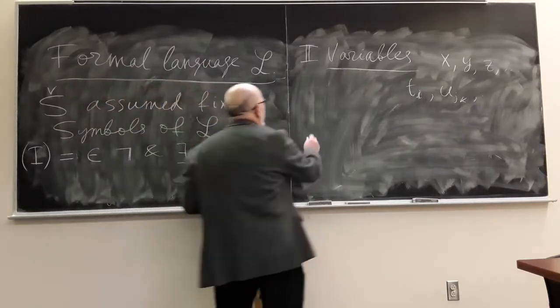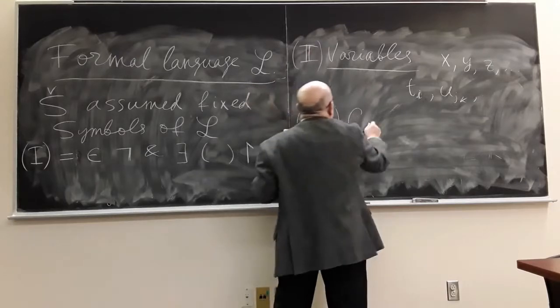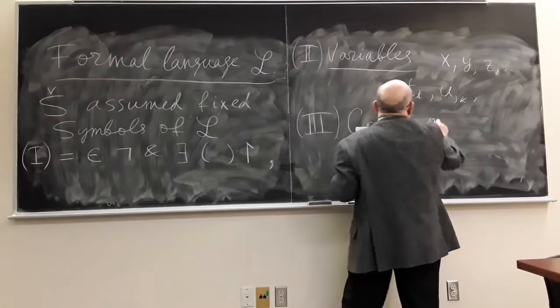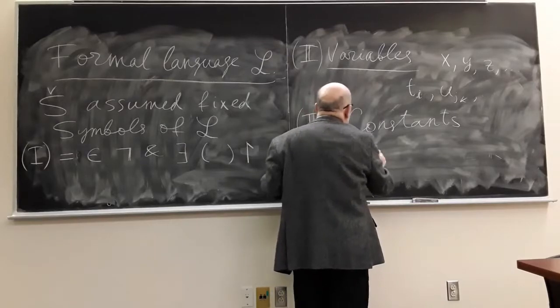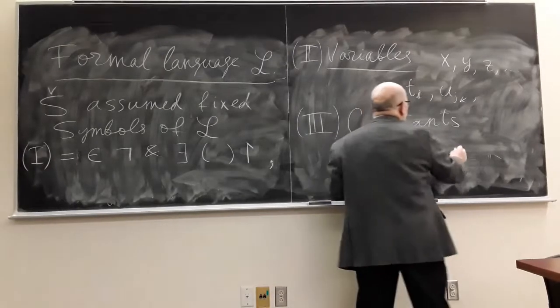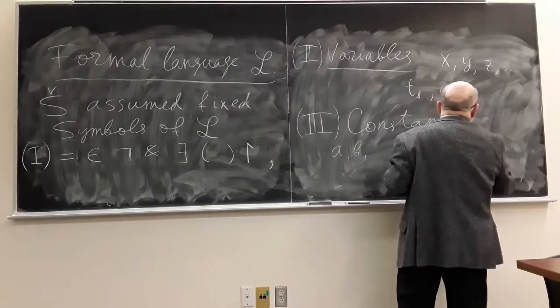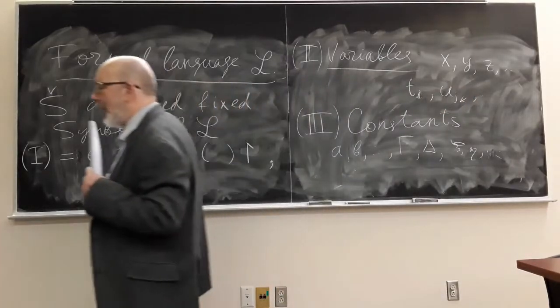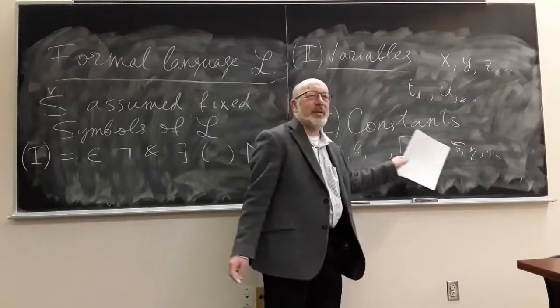So these are variables. And the third group is constants. We can denote them A, B, and so on, gamma, delta, say C, eta, and so on. So constants are in one-to-one correspondence with the elements of our superstructure. For any element of the superstructure, there is its own constant here.